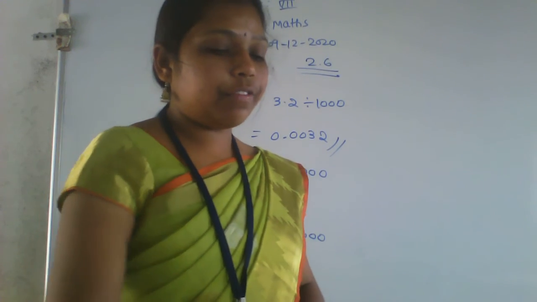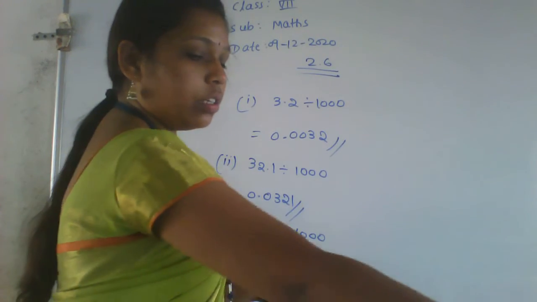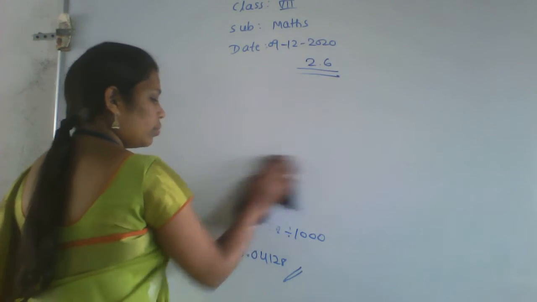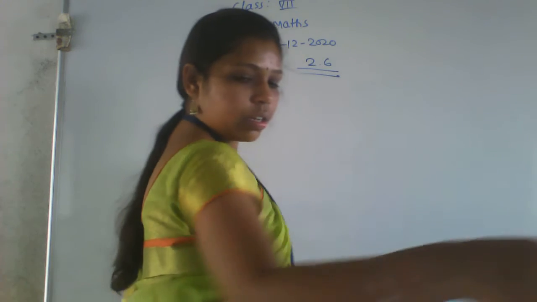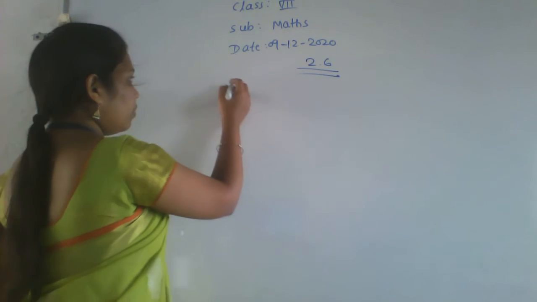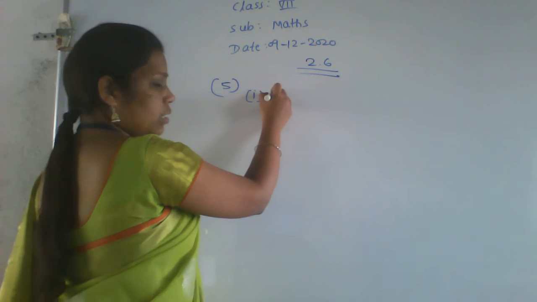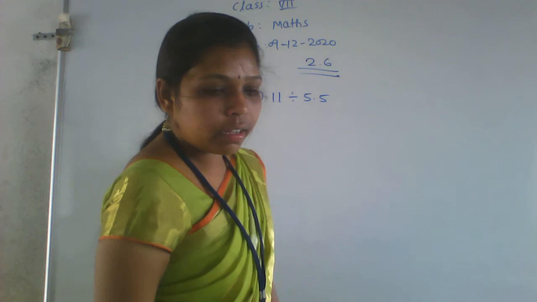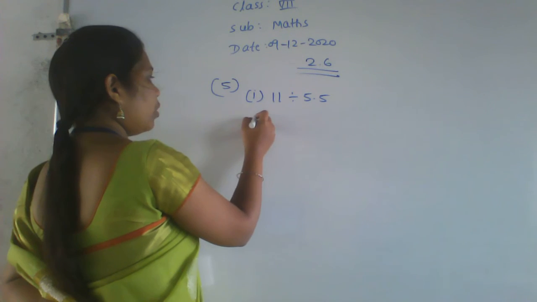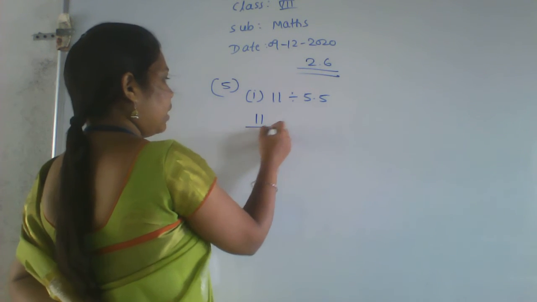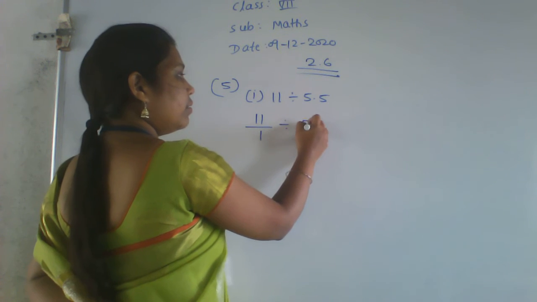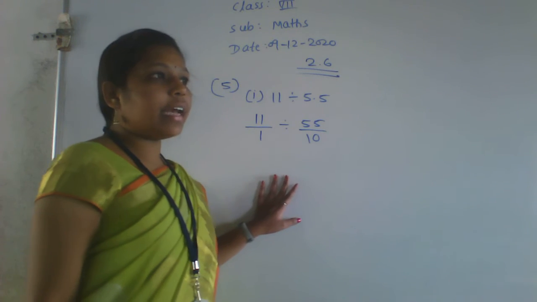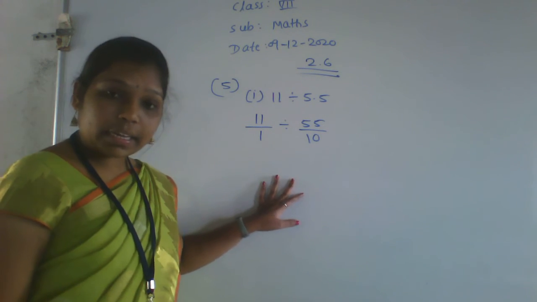Now go for the fifth main. What is the fifth main question? Fifth main also is division. First one, 11 divided by 5.5. 11 divided by 5.5 means 11 by 1 divided by 55 by 10; 5.5 can be written as the fraction 55 divided by 10.